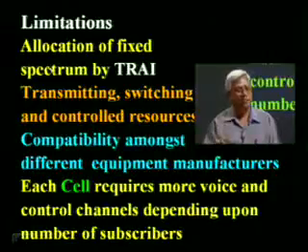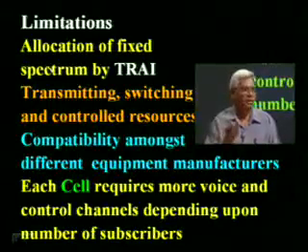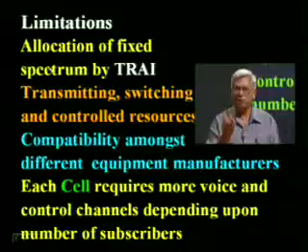This spectrum may be 5 megahertz, 10 megahertz and maximum 25 megahertz. If each channel has 200 kilohertz bandwidth and there are thousands of channels, the spectrum will go into gigahertz, which is beyond the control of TRAI. Then you have to find some solution.